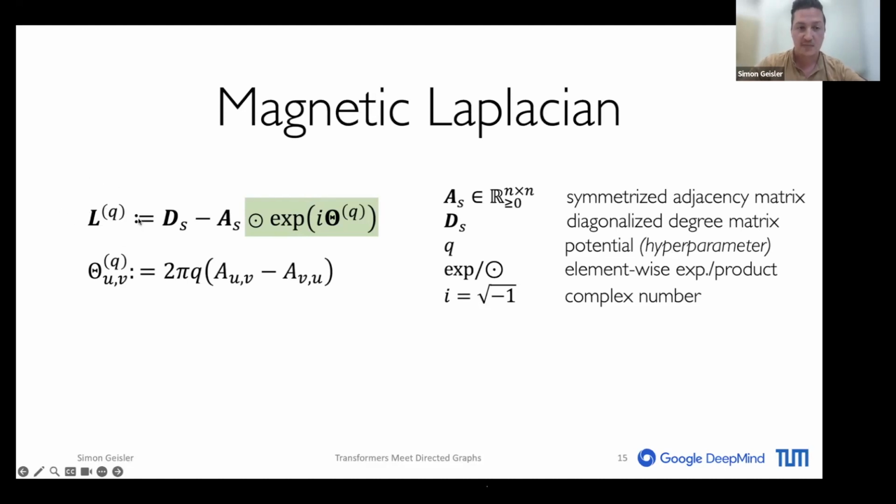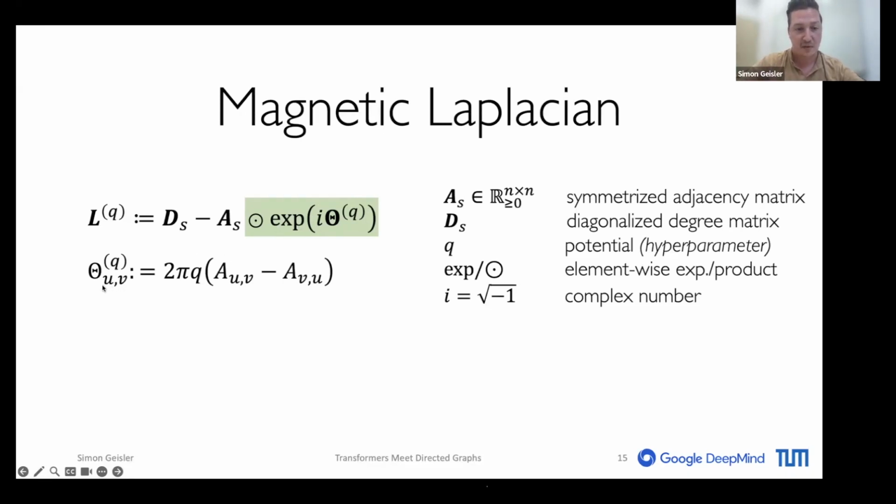So what do we do here? It's basically just an extension of the graph Laplacian, which we've seen before. We have the degree matrix minus the adjacency matrix. One specialty here is that those two are for the symmetrized graph. So here we symmetrize on purpose, and then we multiply element-wise with an element-wise exponential of this i theta. And this i theta is the thing that encodes the direction.